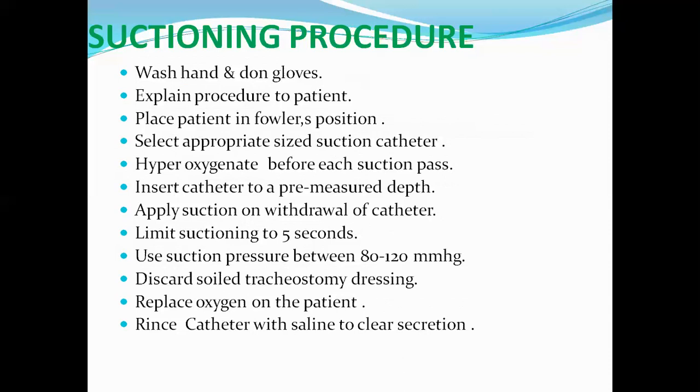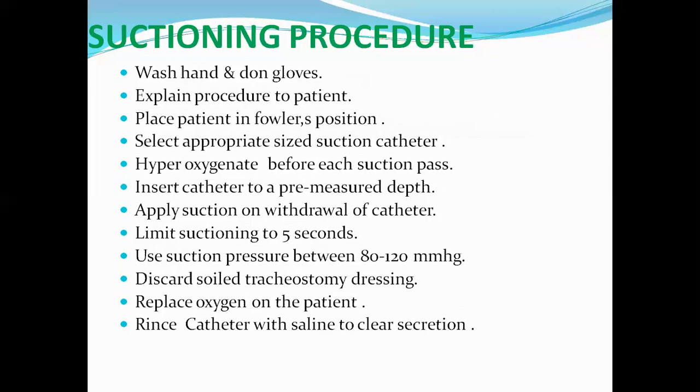Then hyperoxygenate before each suction pass. Means when we do the suctioning, before performing each suction, we have to hyperoxygenate. Then insert the catheter to a pre-measured depth and apply suction on withdrawal of the catheter.